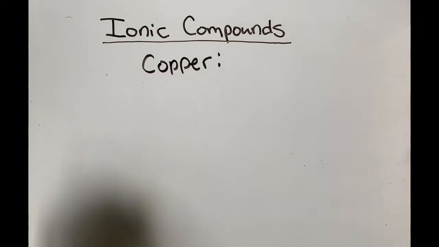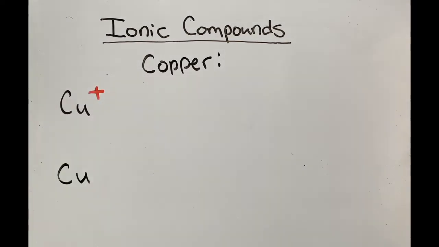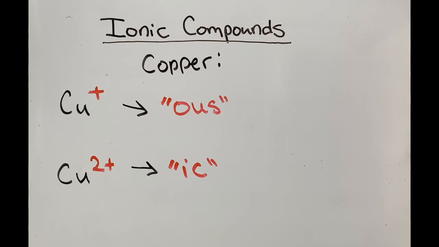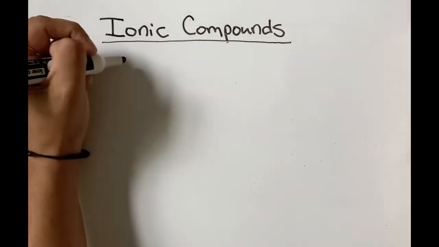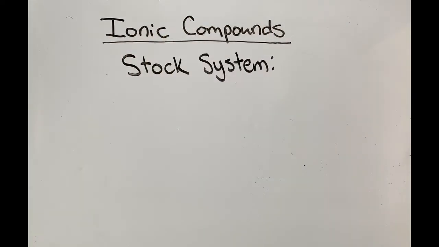For copper, the two cations are Cu+ and Cu2+. So Cu+ gets the OUS ending, and Cu2+ gets the IC ending. One problem with these suffixes is that certain elements have many more different cations, so it's hard to remember all the suffixes that differentiate them. That's where the stock system comes into place.